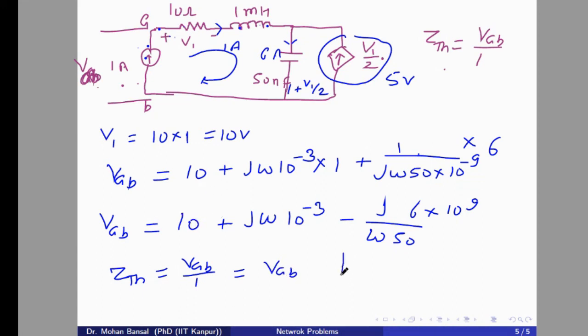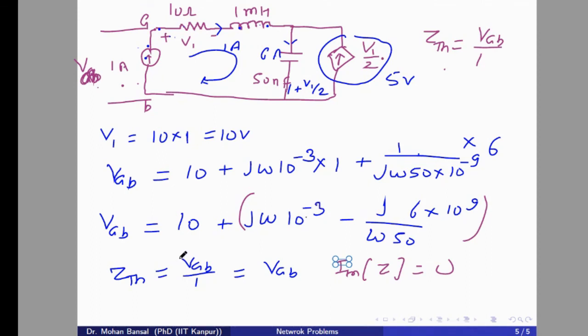And for the resonance, we know resonance frequency will occur when the imaginary part of the impedance is equal to 0. So this part will be 0 at what frequency? That is the resonance frequency. So this is the imaginary and this is the real.